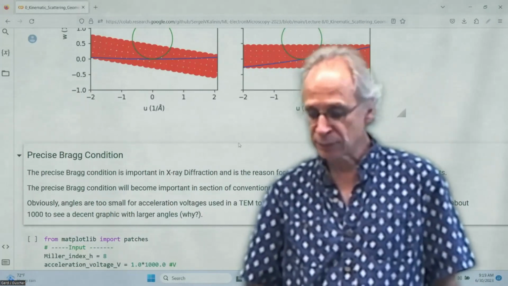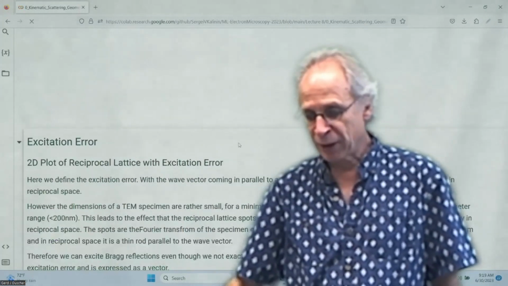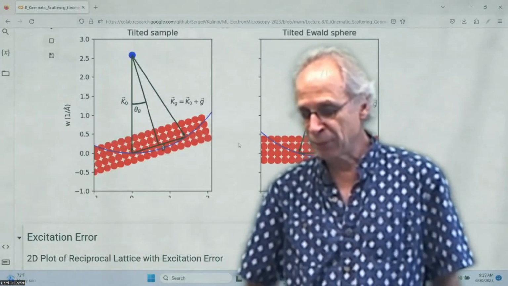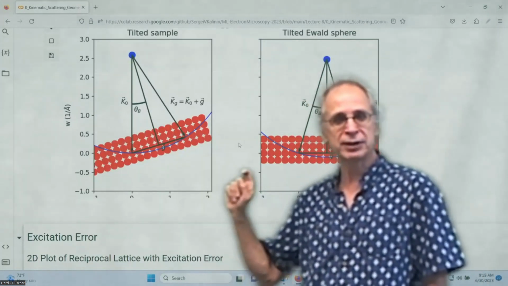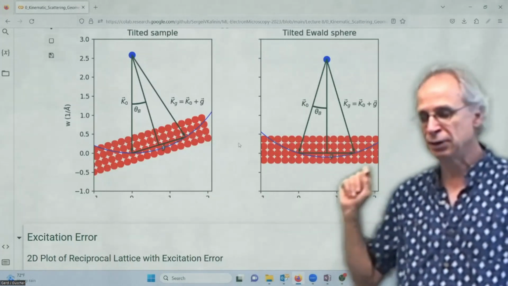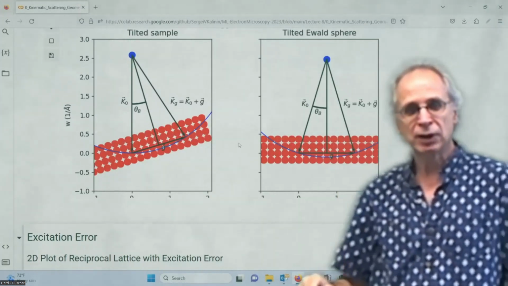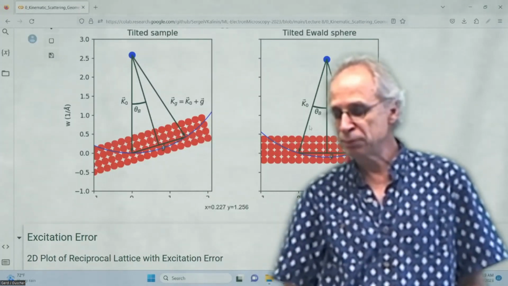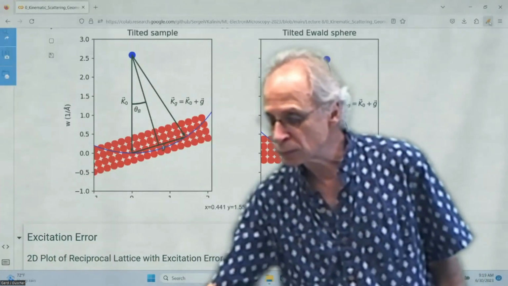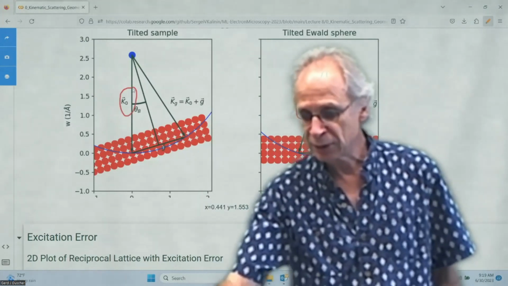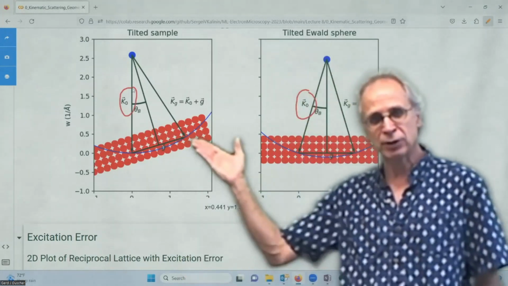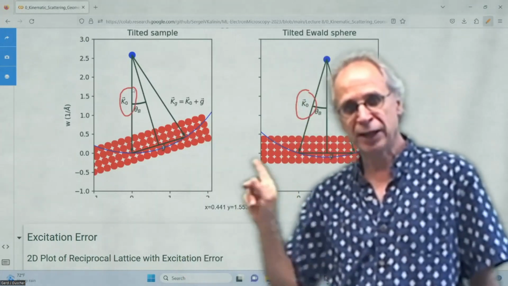Okay. Let's talk about the precise Bragg condition for the tilted sample and the tilted Ewald sphere. So now the K0, here it is perpendicular down, right? Now it is at some angle.